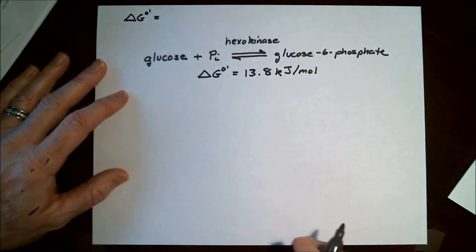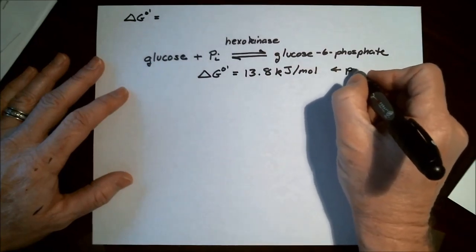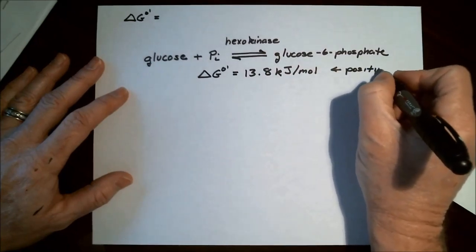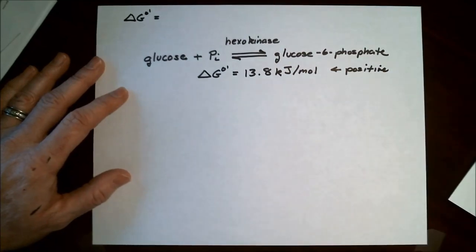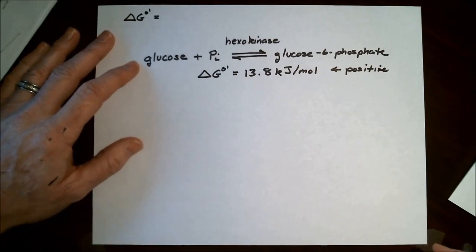Now, the important part of this number to notice is that this number is positive. So a positive standard free energy change indicates that this is an unfavorable reaction. Now, being an unfavorable reaction, it requires endothermic energy.